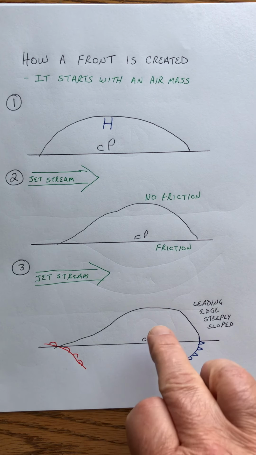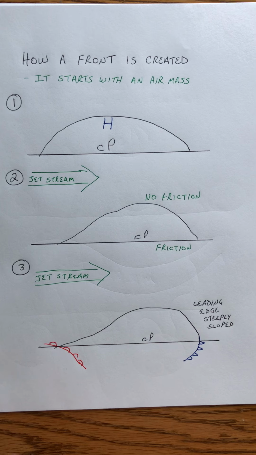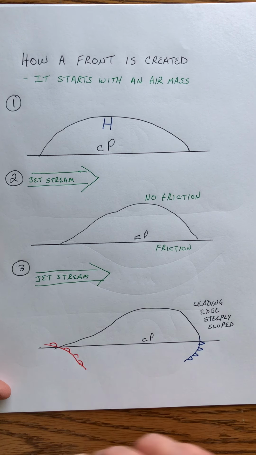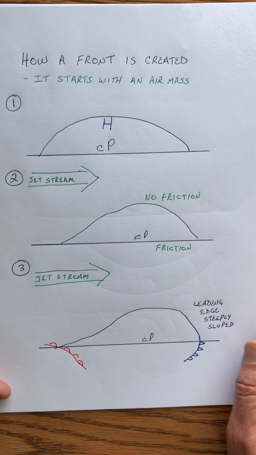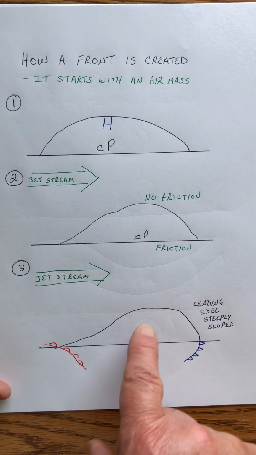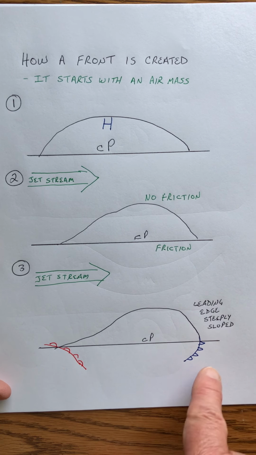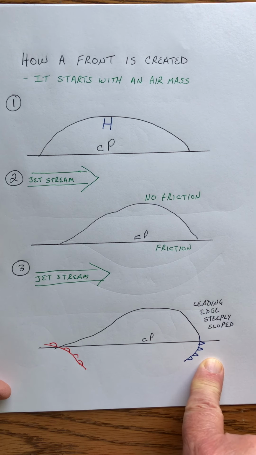So eventually this continental polar air mass is going to move down into the United States, and eventually is going to move off towards the east, going over the Atlantic Ocean. We call that a retreating air mass. So while this air mass is advancing, the leading edge is going to be steeply sloped. That's going to become a cold front.